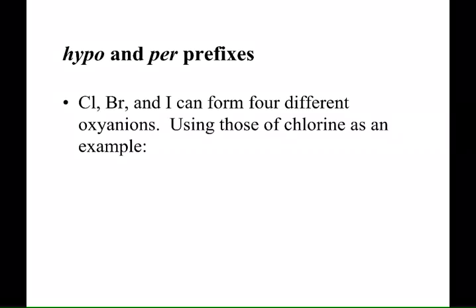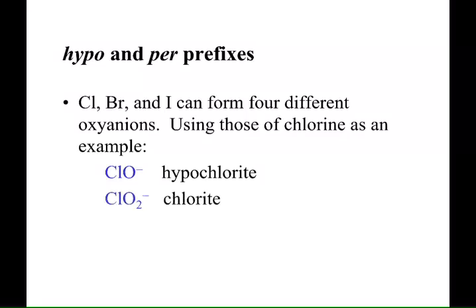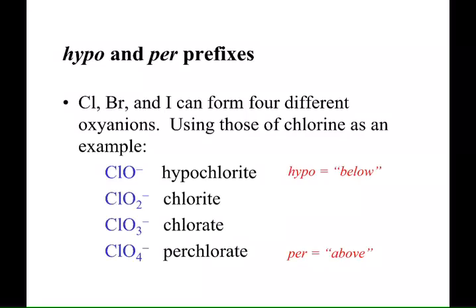Then we go to some cool oxygen combinations with the halogens, specifically chlorine, bromine, and iodine. They actually combine with 1 oxygen, 2 oxygens, 3 oxygens, and 4 oxygens. You're like, are you serious? So they have 4 different combinations with oxygen. Notice that they all have a -1 charge, so that helps. Dead in the middle, we have our -ate and our -ite.